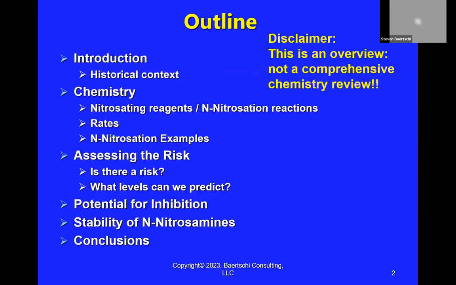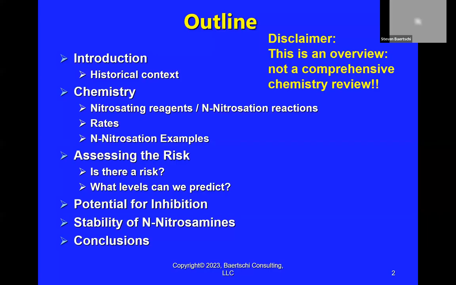We're going to also move into a little bit about assessing the risk. You know, is there a risk? Can a nitrosamine form? And if so, what levels could we predict over the shelf life? And how can we do that? That's just more of a teaser because that's going to be covered more by Gary Scrivens in his presentation on November 14th.